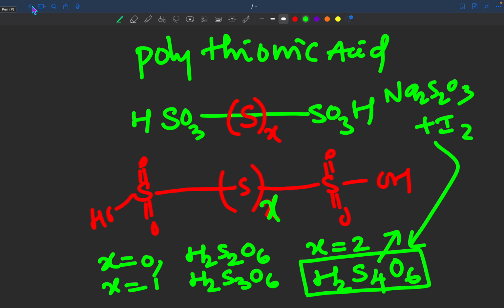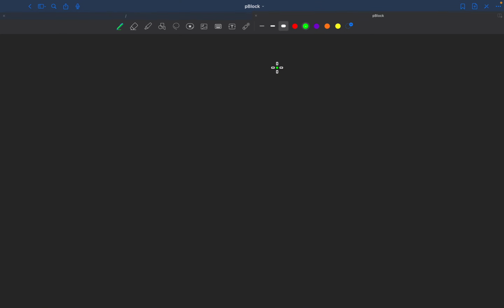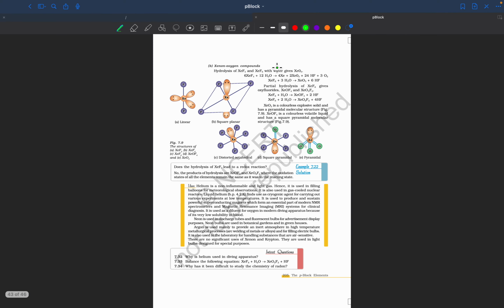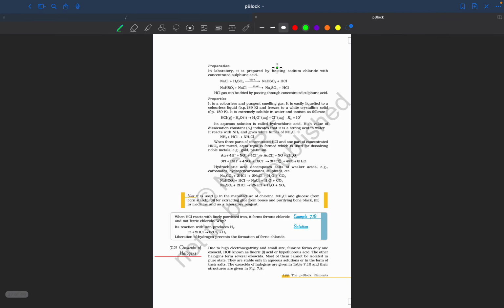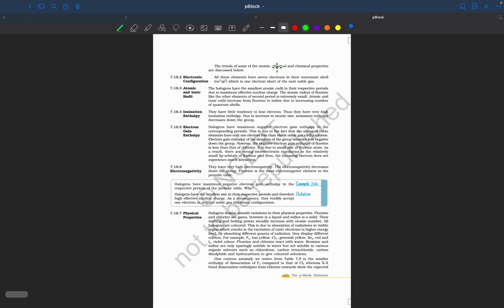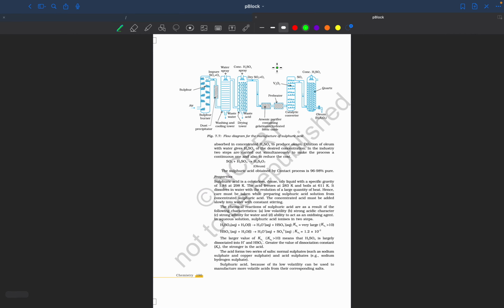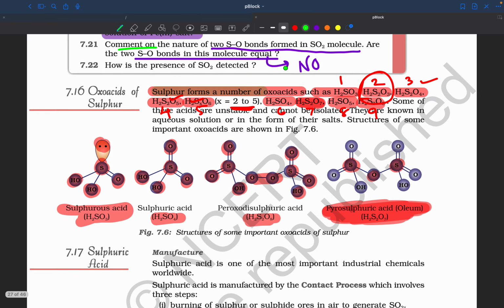We go to NCERT and we'll check them. P block. Here you have NCERT.